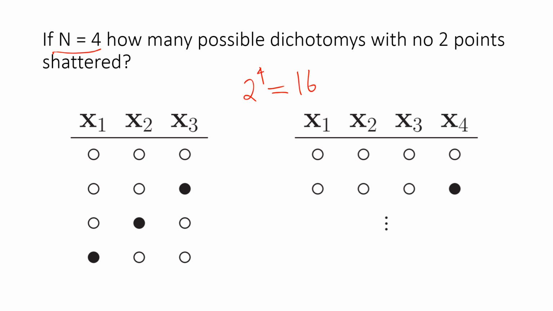And of course, it's up to you how you want to come up with that. How do you want to count those scenarios wherein we have all possible dichotomies, but with no 2 points shattered? You can list out all possible dichotomies and then pick those up, or you can come up with some other way of finding the number of dichotomies that achieve this particular result.